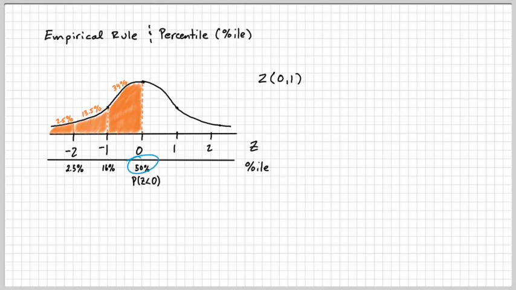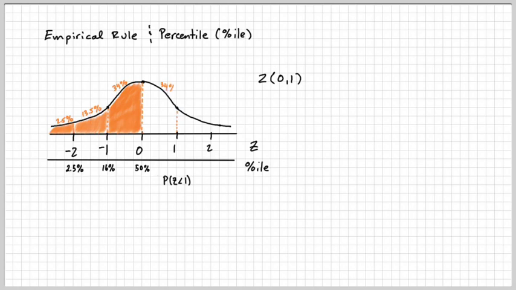That's what it says, 50%. Remember, this keeps shading all the way to negative infinity. You can see that if it's the probability of z less than 0, then that means we're going to be shading from 0 all the way to the left.